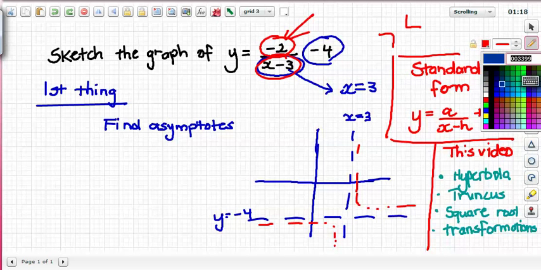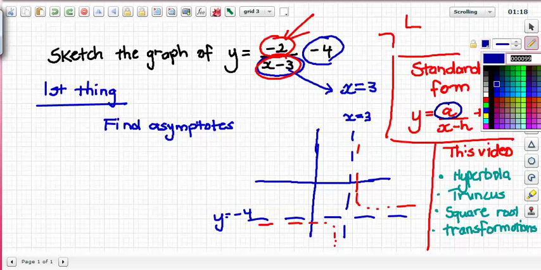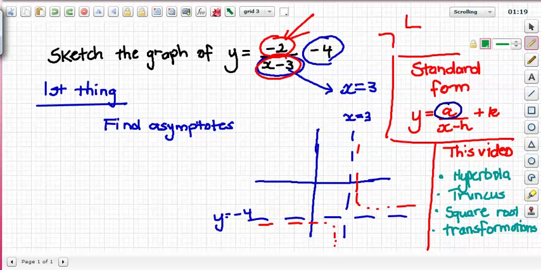But when this value of a over here is a negative value, that's when we have a reflection in the x-axis. So all of a sudden our shape is the same, but it's been reflected in the x-axis. So our actual graph is going to look like so. Let's do the correct one after considering our reflections, and that's going to look like this.